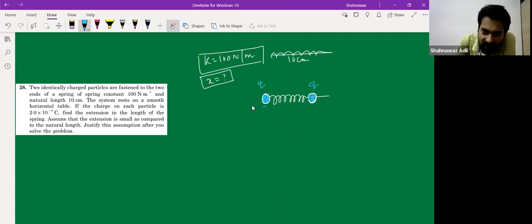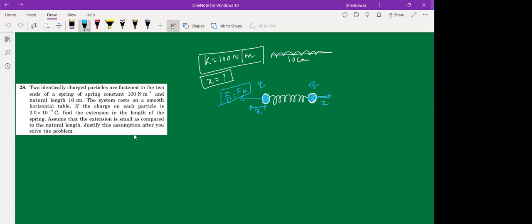This one will shift in this x direction by distance x, and this one will shift by distance x. They experience some Coulombic force, and this will be equal to the restoring force. Understood, guys? Yes, sir.